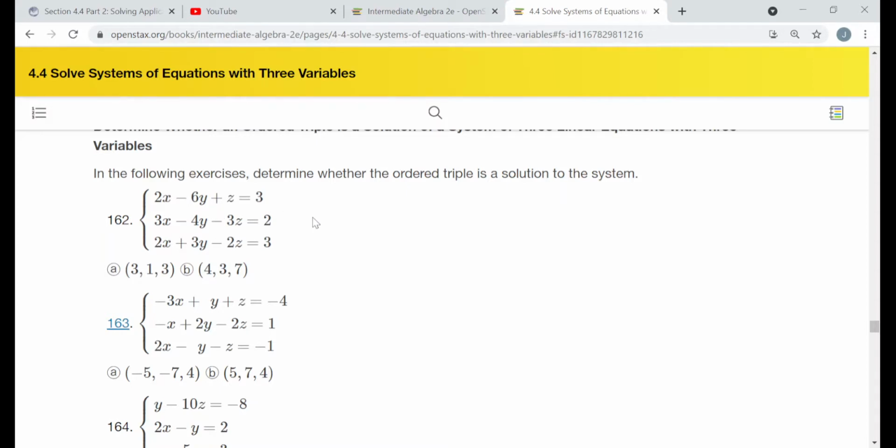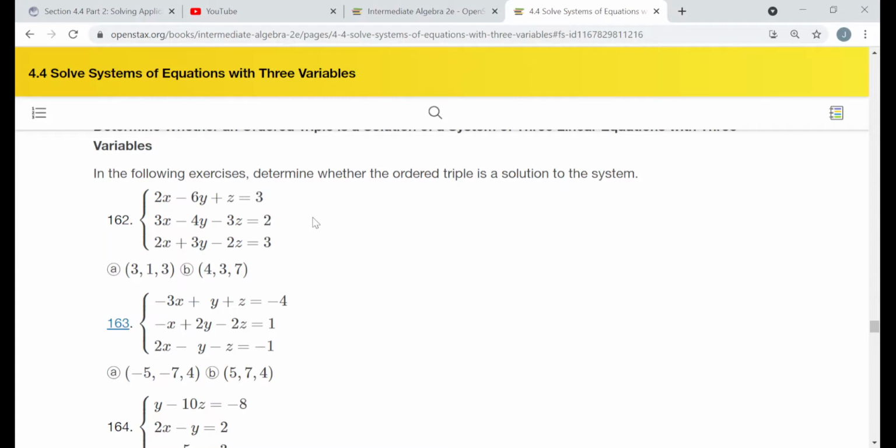It's very similar to how we checked for solutions to systems with two equations and two variables. I replace all the variables with their corresponding values and see if every equation is true.